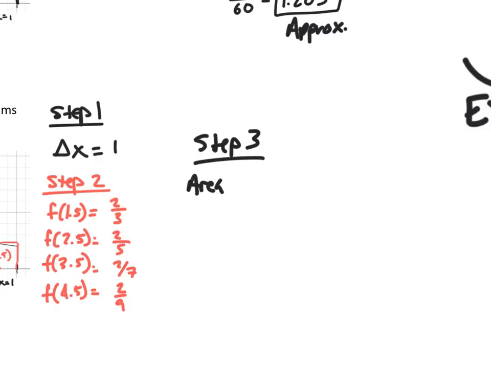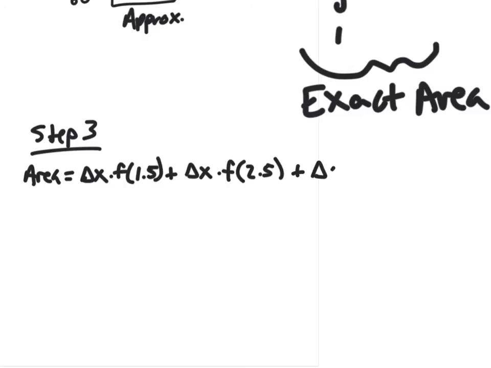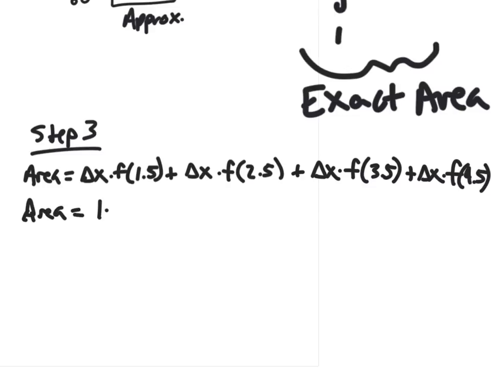So my area is equal to delta x times f of 1.5 plus delta x times f of 2.5 plus delta x times f of 3.5 plus delta x times f of 4.5. Okay, so let's plug our values in. We get an area of 1 times 2/3 plus 1 times 2/5 plus 1 times 2/7 plus 1 times 2/9.